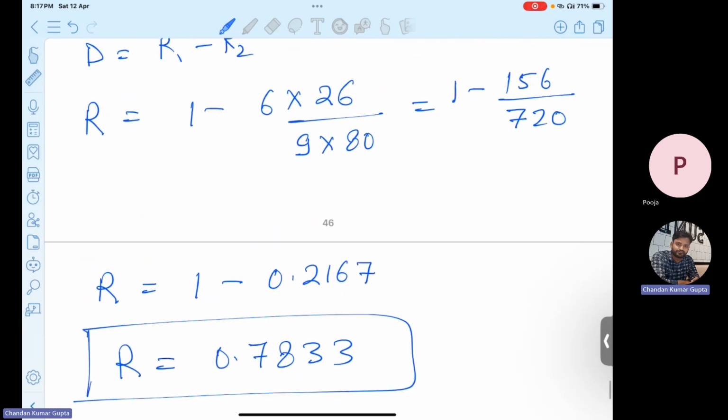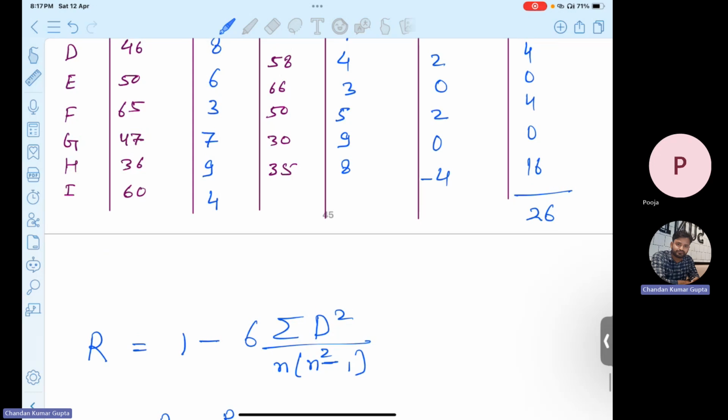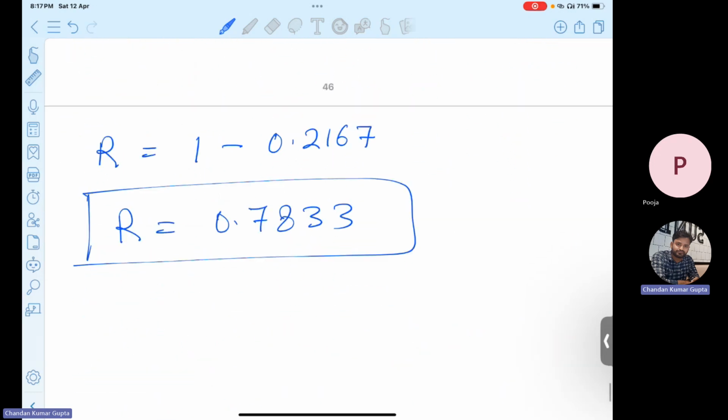So the Spearman rank correlation coefficient is 78.33%. That means there is around 78% association between these internal marks and the external marks.